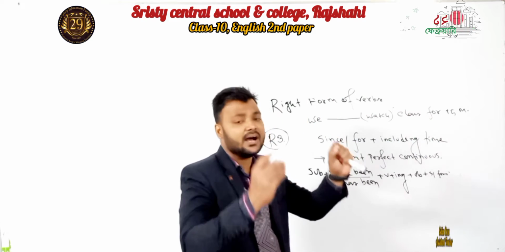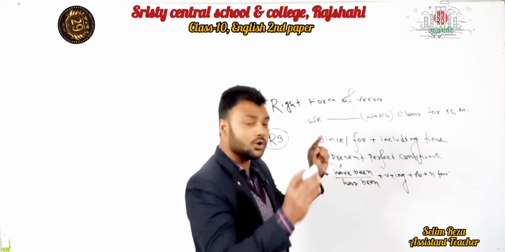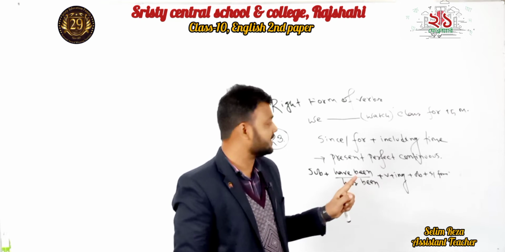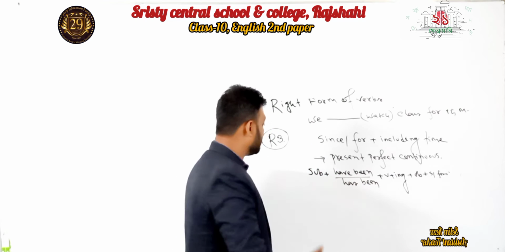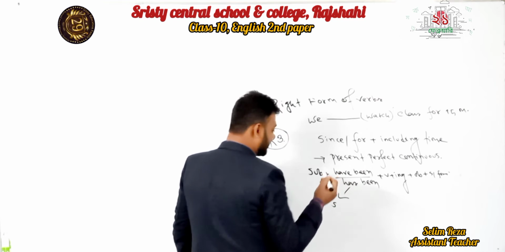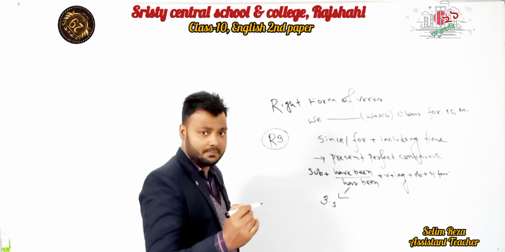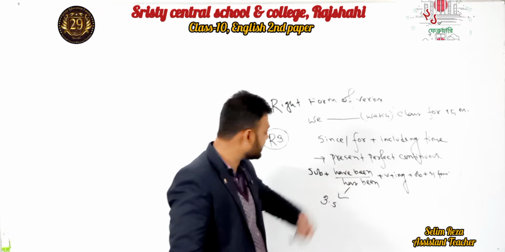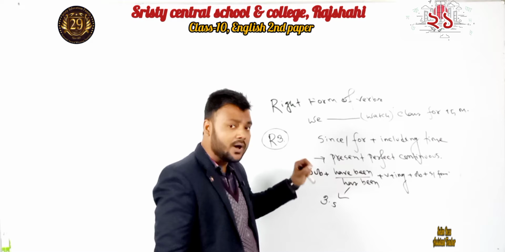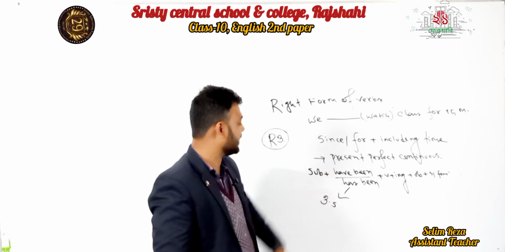So if a sentence has since or for including time, the tense must be present perfect continuous. If the person is third person singular number, then you have to write has been. Otherwise, for the rest of the persons you have to use have been.